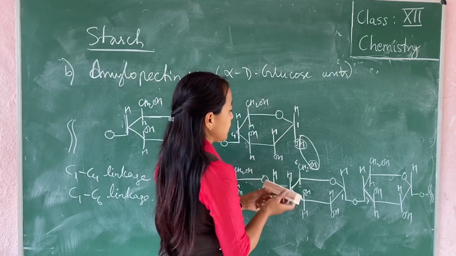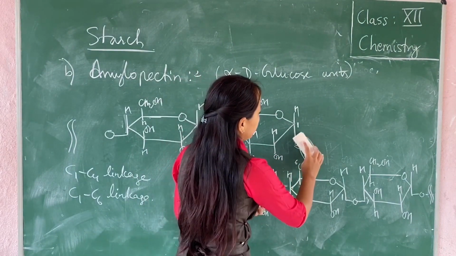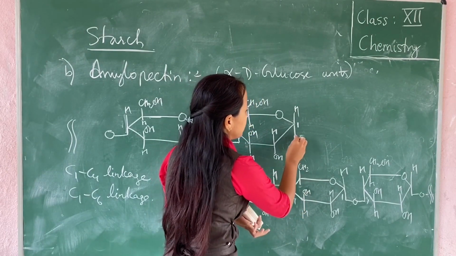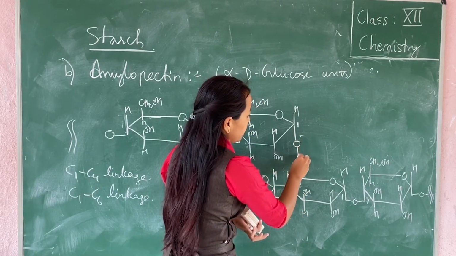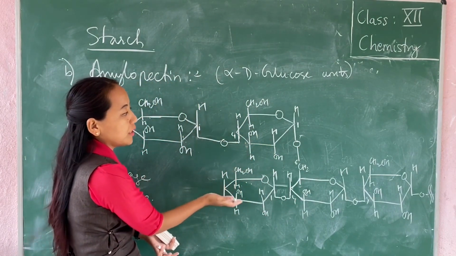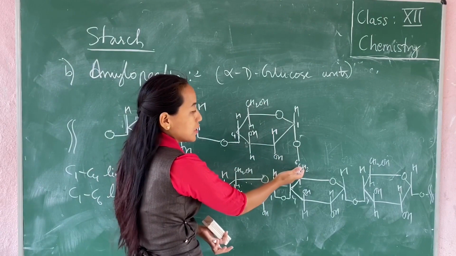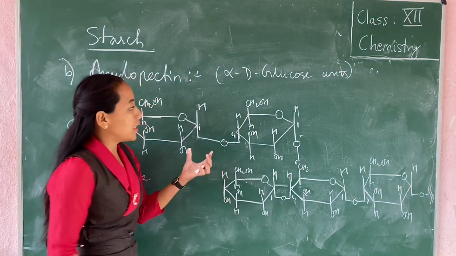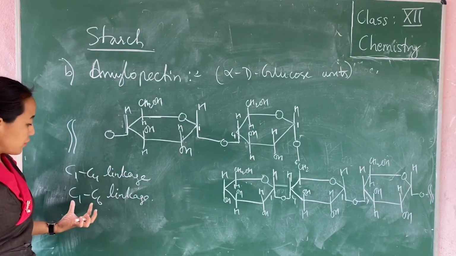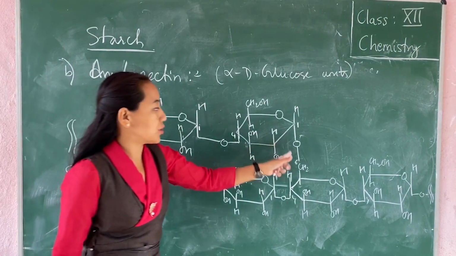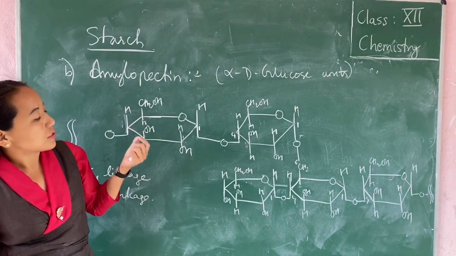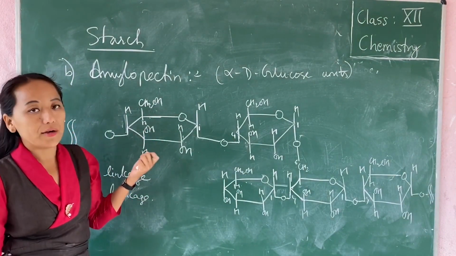That's how a glycosidic link is formed between C1 and C6 of these two glucose units. So branching takes place between these two straight chains through C1 and C6 carbon atoms. So a C1, C4 linkage is formed, and a C1, C6 linkage is also formed. So that's about the glycosidic linkage formation in amylopectin.